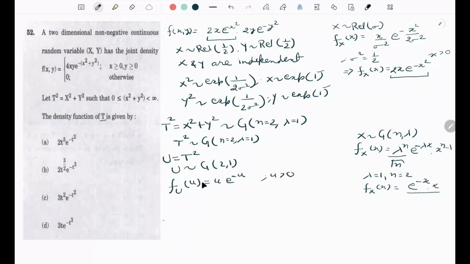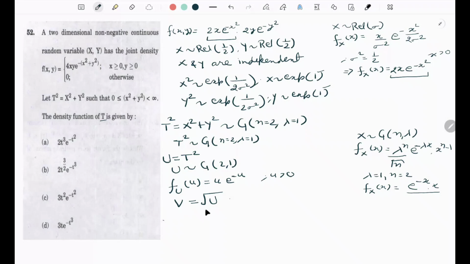Now we need to find the PDF of square root of U. Suppose V equals square root of U, because U equals T², and if we take square root of T² we will get T, and this T will be equal to the square root of U. So we need the PDF of square root of U here.